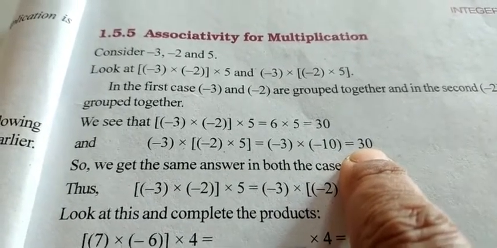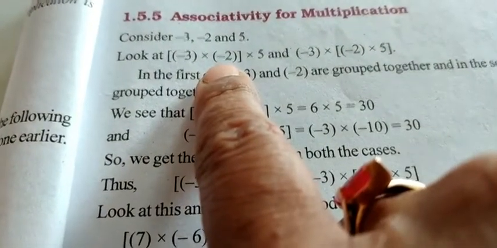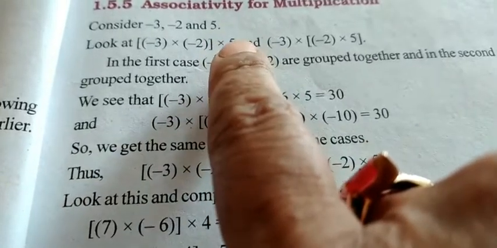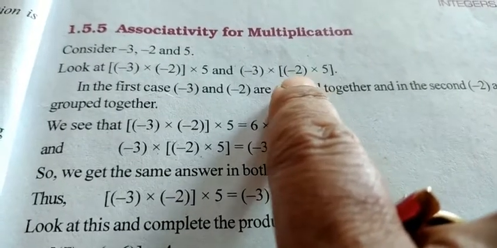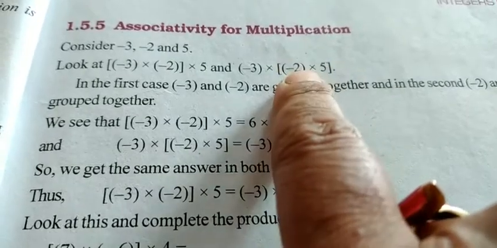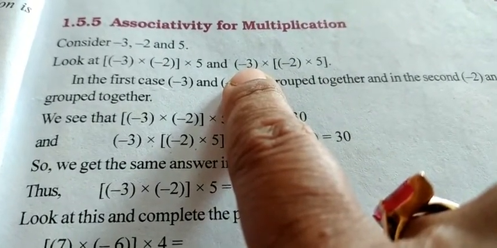So you can see, if I group the first two first and then multiply its product with the third integer, or if I group the last two numbers first, find their product and then multiply it with the first integer, in both cases the answer remains the same.